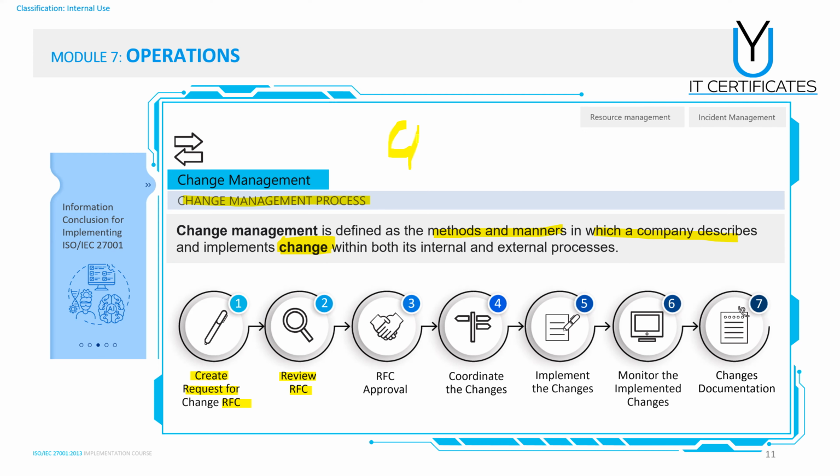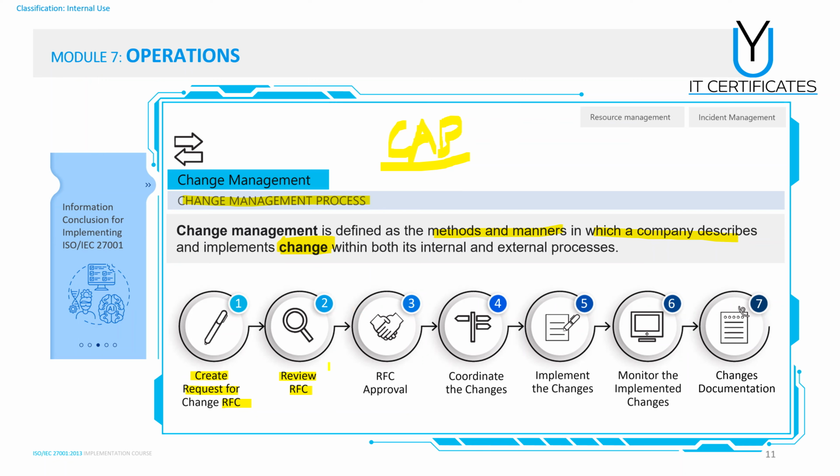What is the CAB? The CAB is the Change Advisory Board, a steering committee. It consists of a representative from each department, and they review the RFC and make sure that it will not affect the daily operations or the organization's goals and objectives.